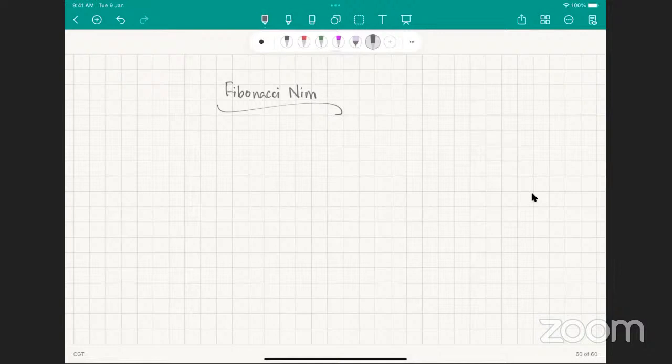Now the first player in this case, so here are the additional restrictions. The way this is put in the book is that the first player may not remove all the sticks.